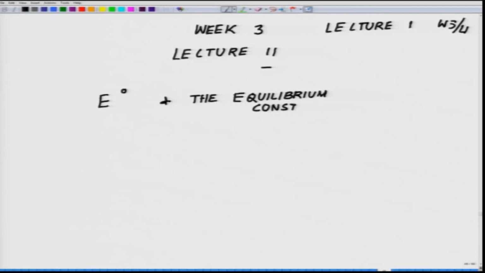What I highlighted just now is that a galvanic cell produces electricity because the cell reaction is not at equilibrium.